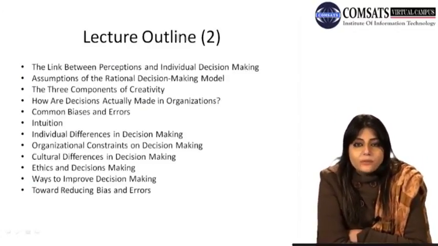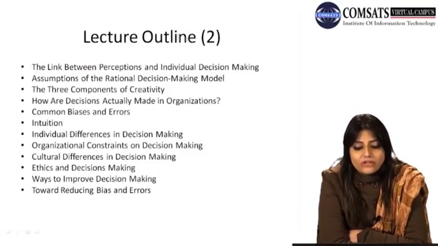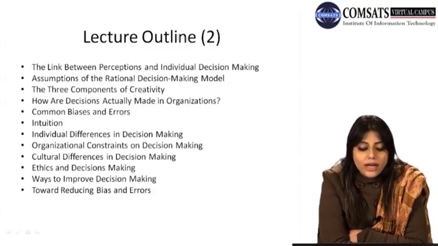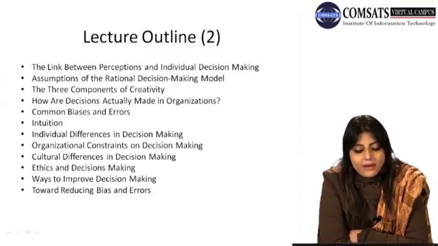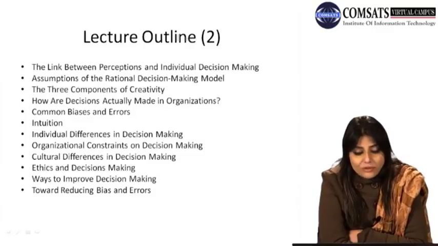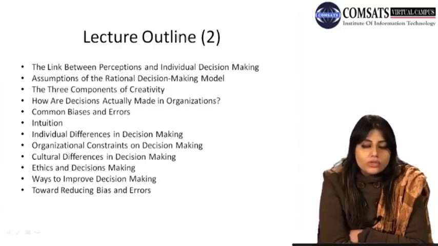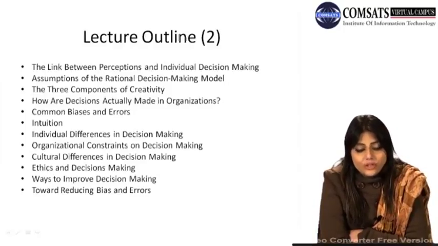Then we'll be seeing the link between perceptions and individual decision making. We'll see the assumptions of the rational decision making model. We'll see the three components of creativity. We'll also see how decisions are actually made in organizations, and we'll see the common biases and errors again in this decision making. We'll see the concept of intuition. We'll also see the individual differences in decision making.